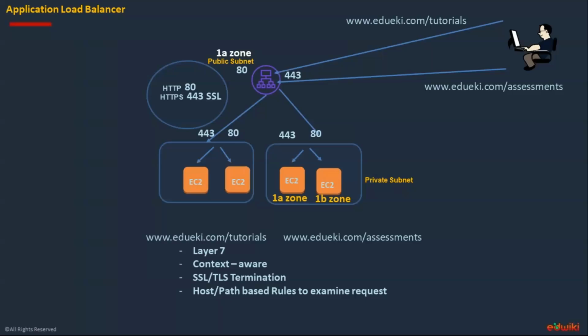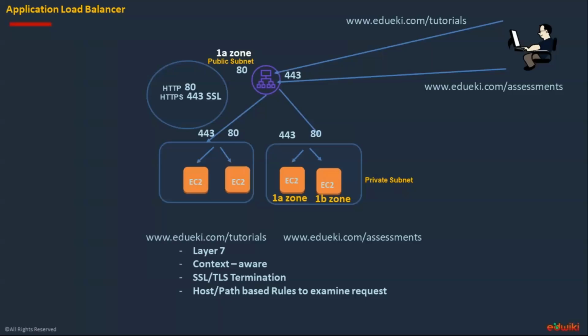The question that I have here is, if for any reason the 1A zone fails completely, do I have a downtime at this time? Let's say the 1A zone is completely gone. Somehow the data center is corrupted.